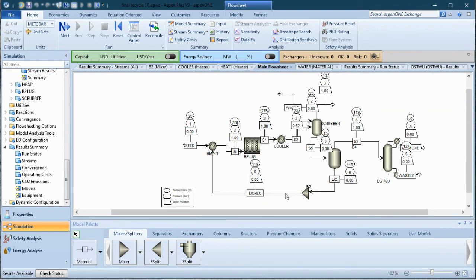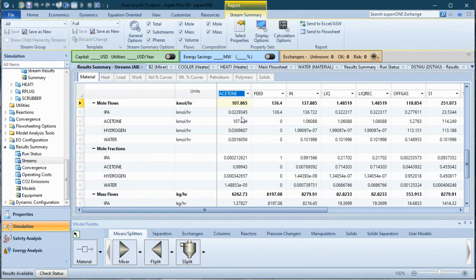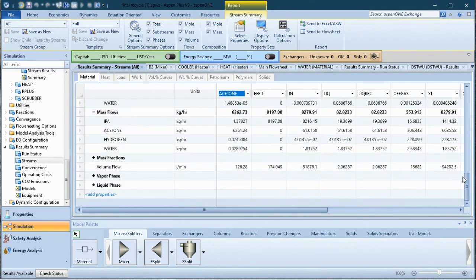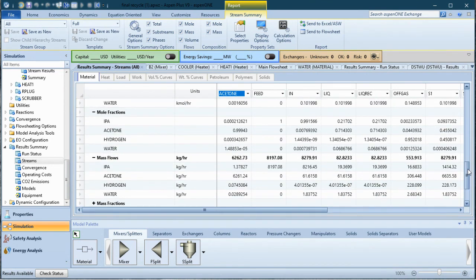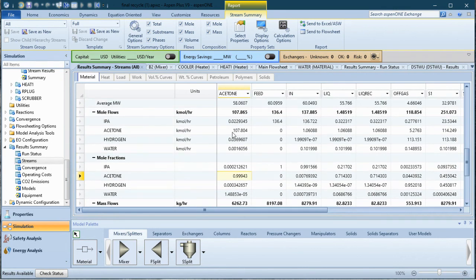So for the result of this simulation, which is recycle, we got the desired purity and capacity, which is 99.9, as stated in the question, and 107.